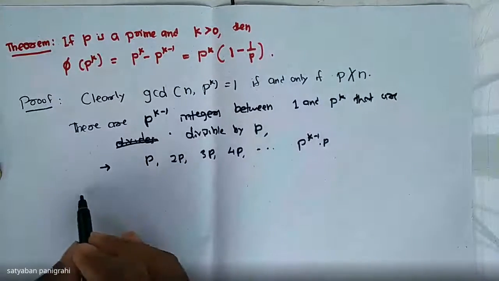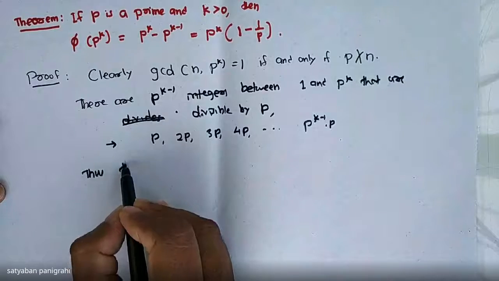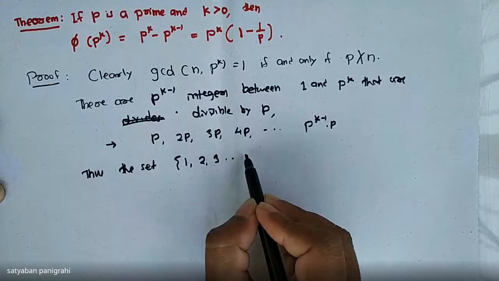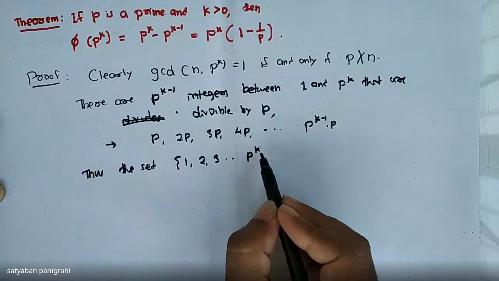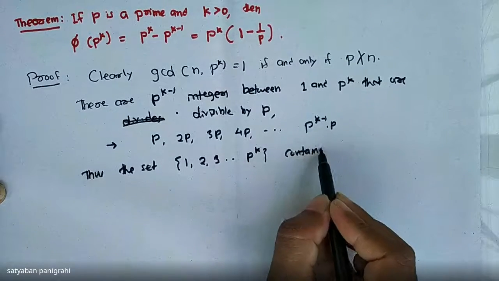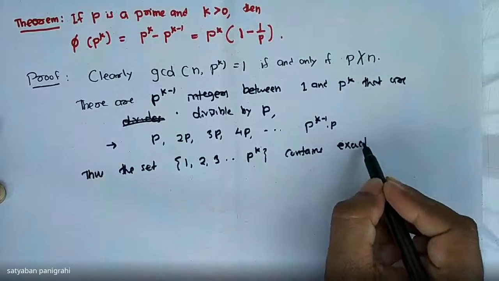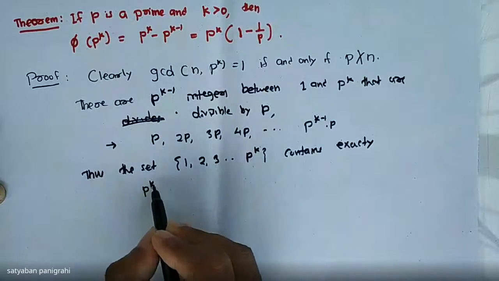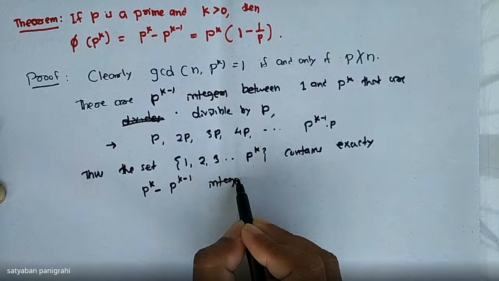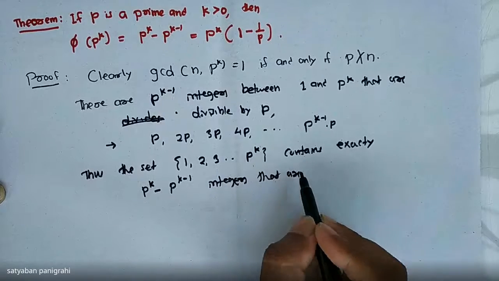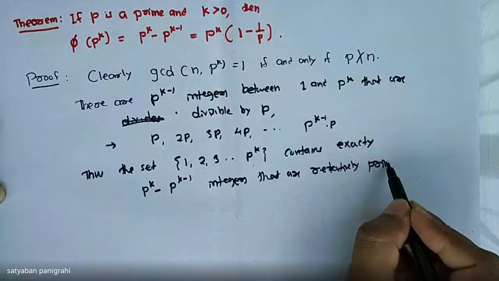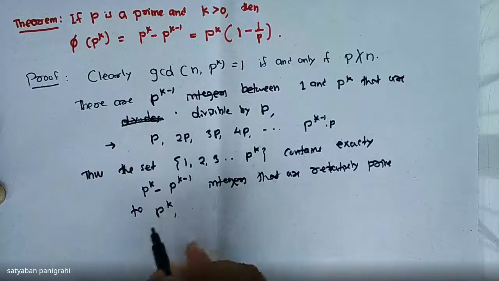So thus the set 1, 2, 3, up to p to the power k contains exactly p to the power k minus p to the power k minus 1 integers that are relatively prime to p to the power k.